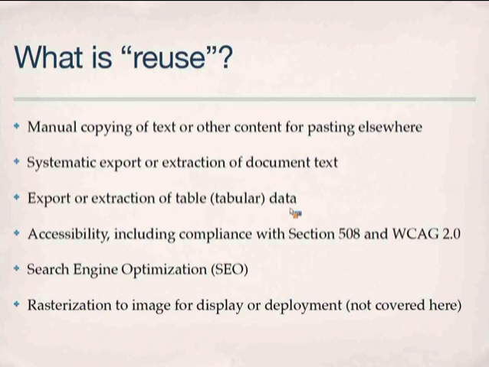The typical user of assistive technology is a blind person who uses software such as a screen reader to literally read the contents of whatever's on their screen, in this case, PDF files. Accessibility is actually one of a variety of types of reuse, because the content of the file is moving out of the file for use in other software.